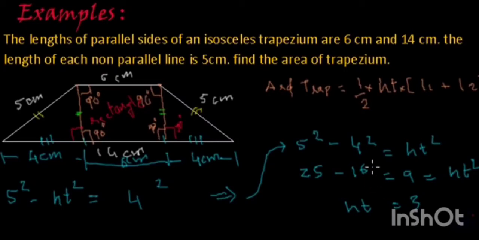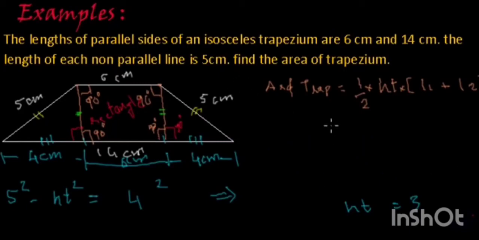We have the length of the parallel sides. Now we can easily find the area of this trapezium. And what is the area? Area is 1 by 2 times height, which we have recently found as 3 centimeters, multiplied by the sum of the parallel sides. The first one is 6 and the second one is 14, right?